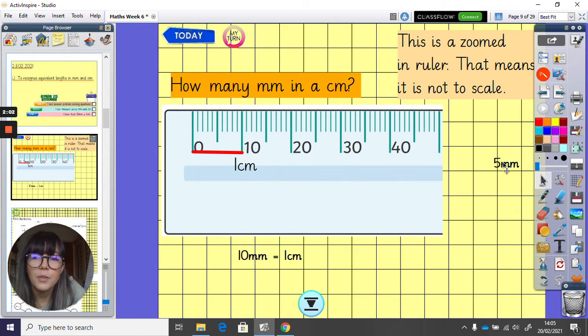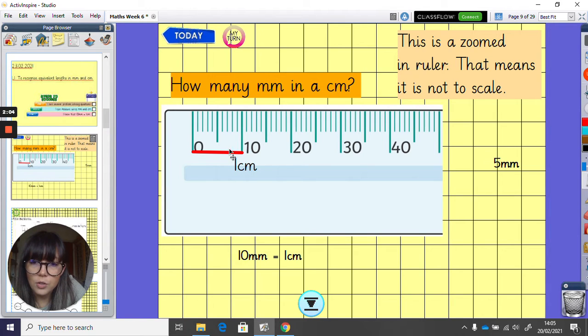Here I've got your millimetres, and 1 centimetre is at the end here. So therefore, there are 10 millimetres in 1 centimetre. Each of these little tiny gaps is worth 1 millimetre, and when you get to 10 millimetres, it equals a centimetre.